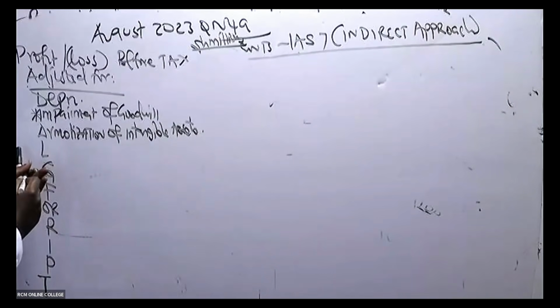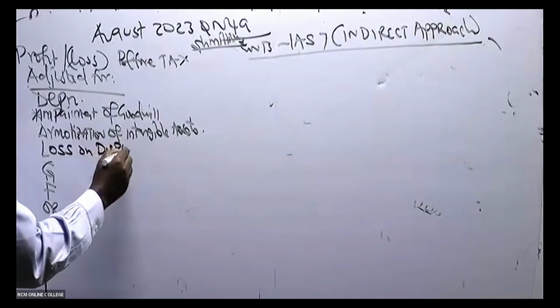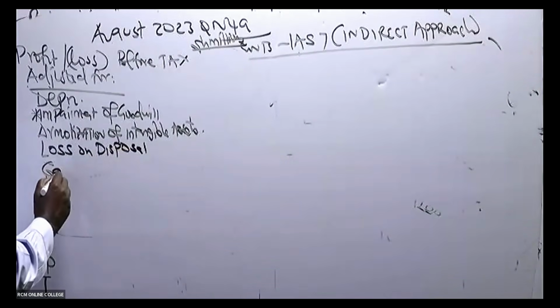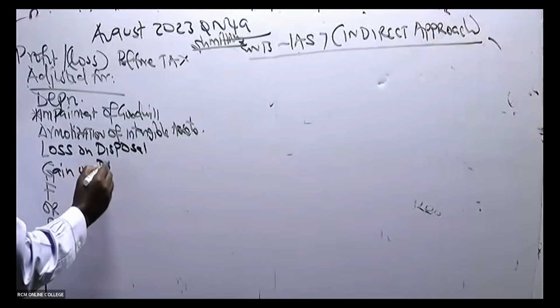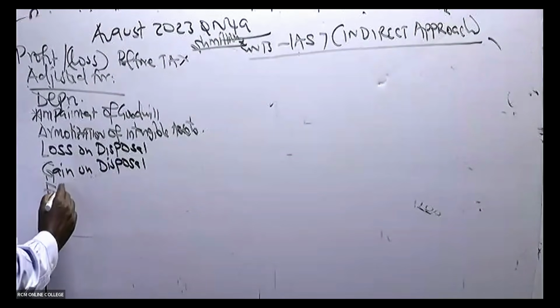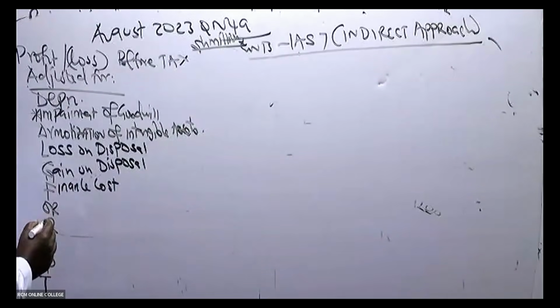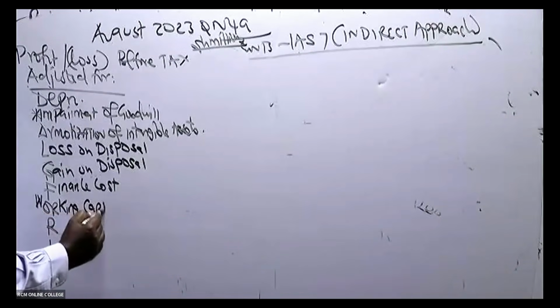We have here loss on disposal. Then we have gain on disposal. Then we have our finance cost. This OR stands for working capital.